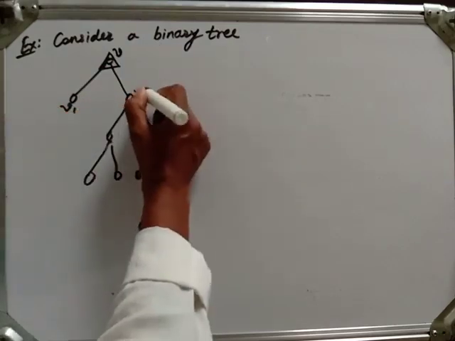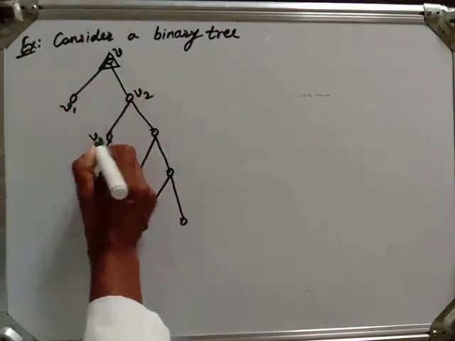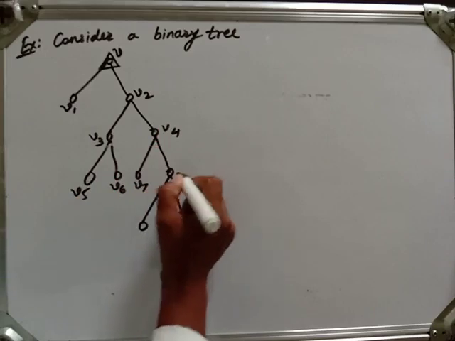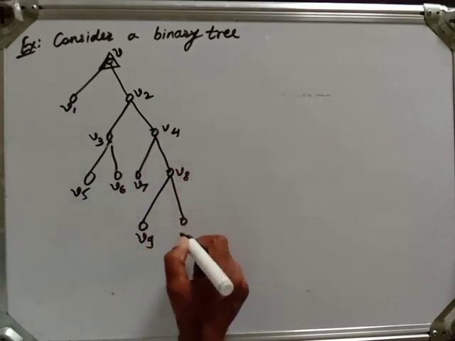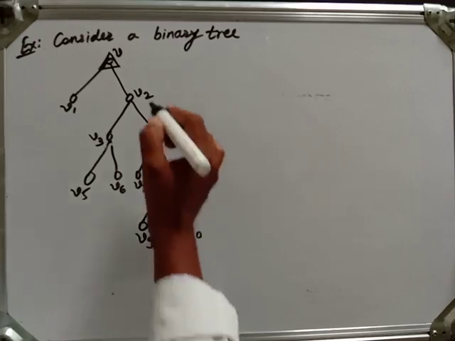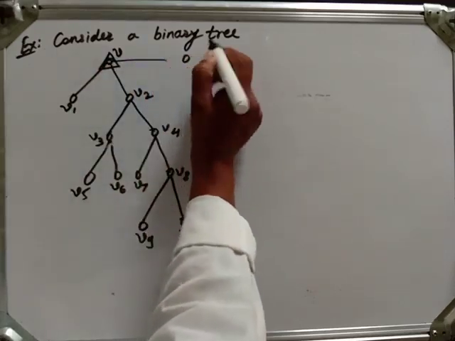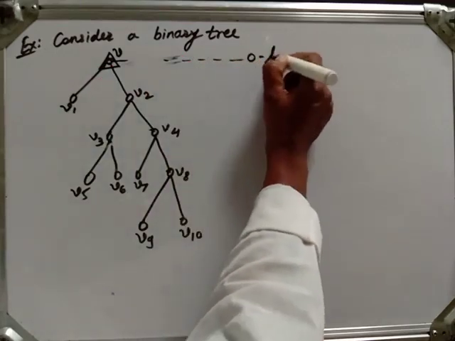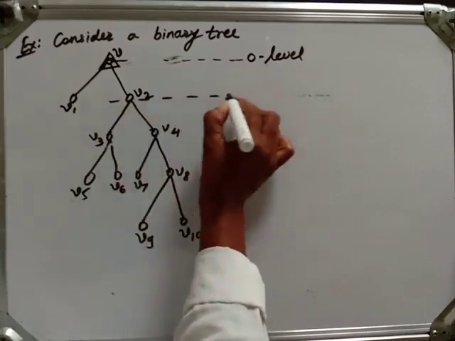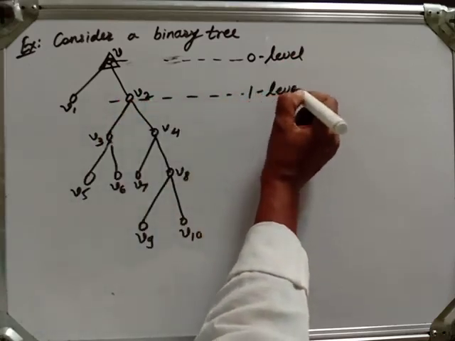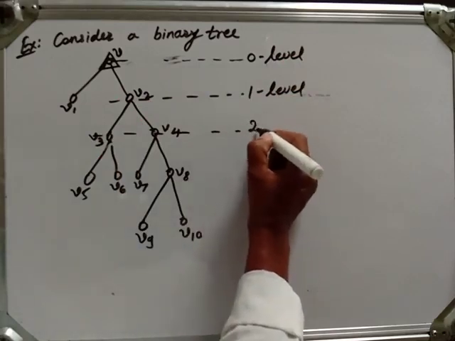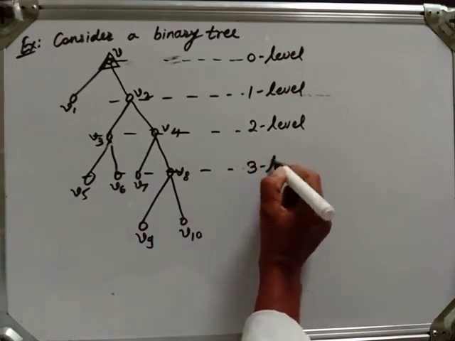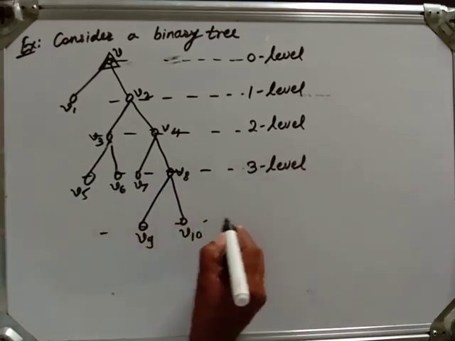This is V1, V2, V3, V4, V5, V6, V7, V8, V9 and V10. And if we see, the root is level 0. Then this one is level 1, this part is level 2, this is level 3, and this one is level 4.